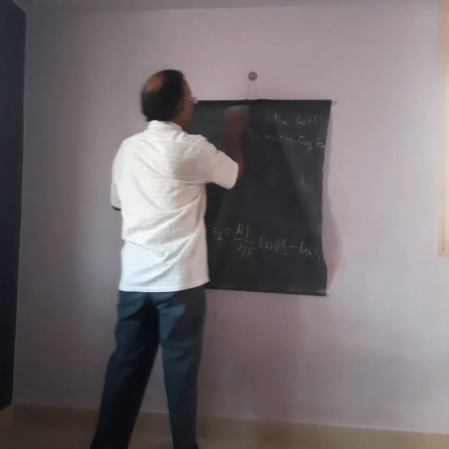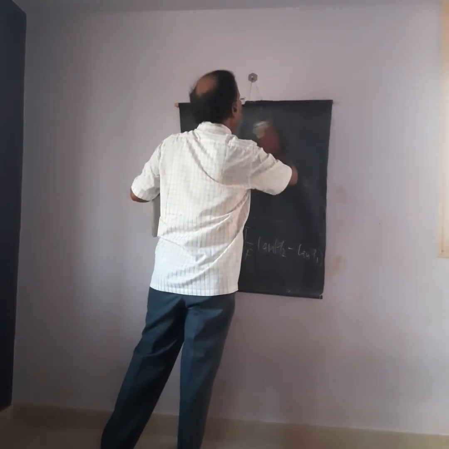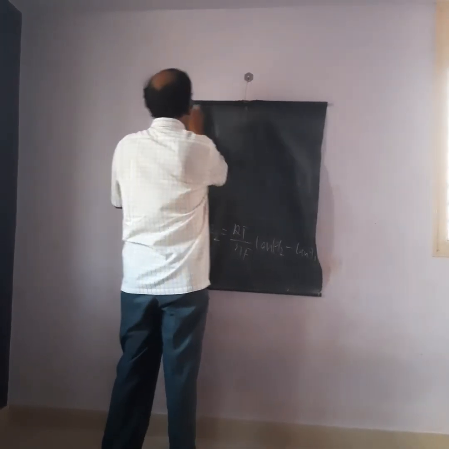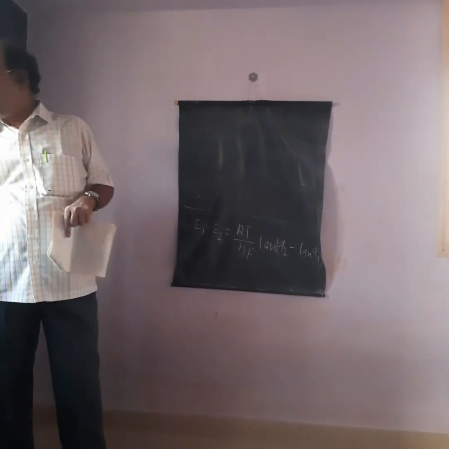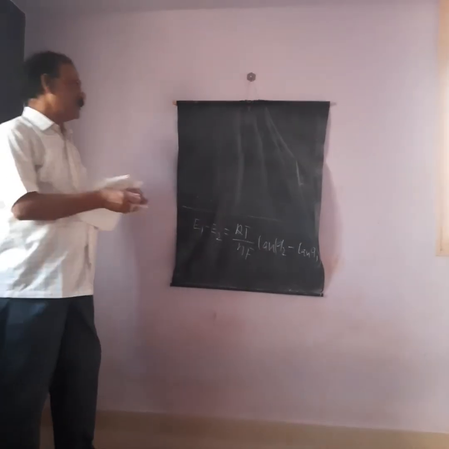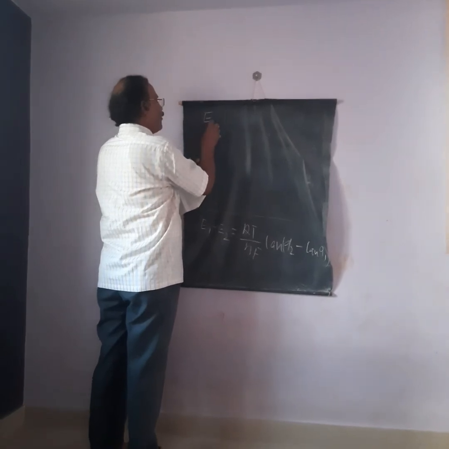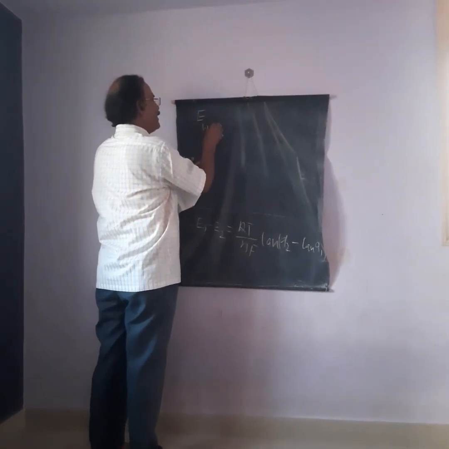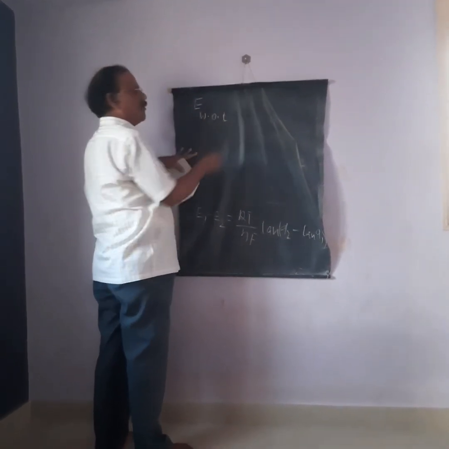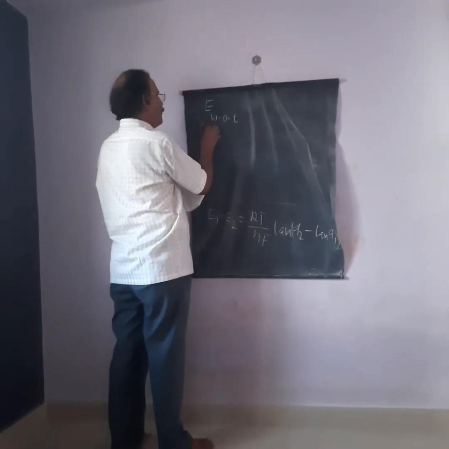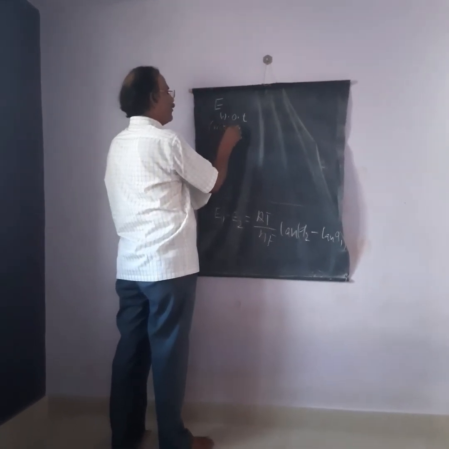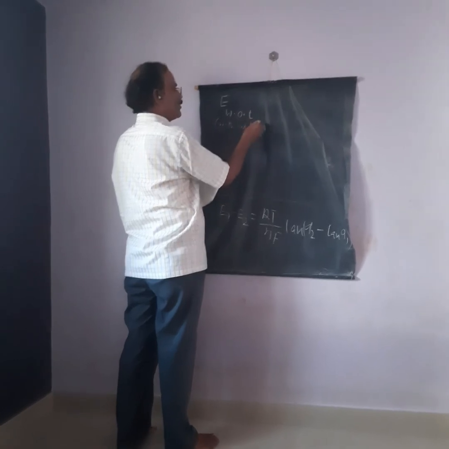That's all. So what is written here is the electrolytic cell without transport. That means the EMF of the cell without transport, or you can write it as without liquid junction potential.